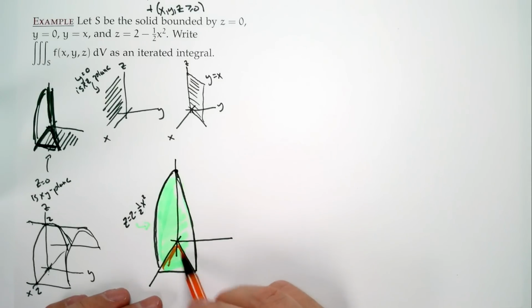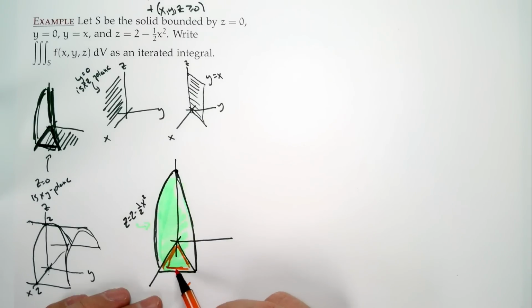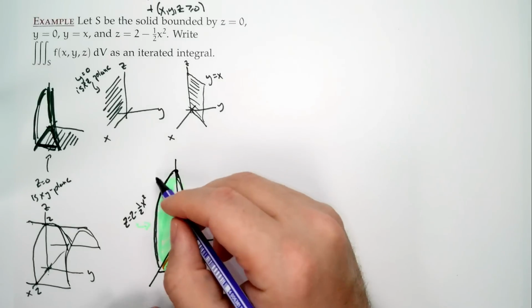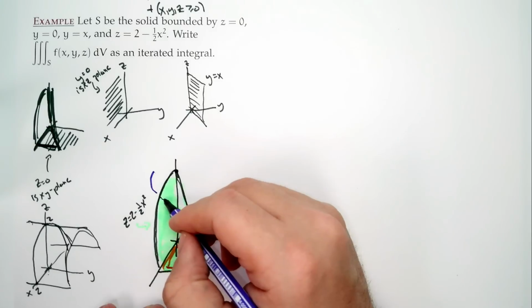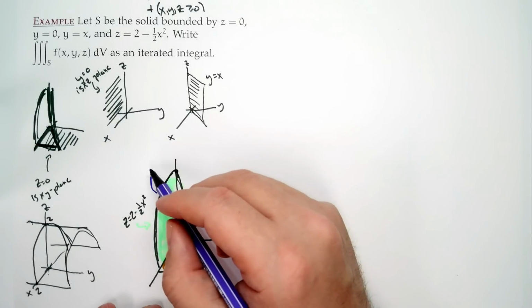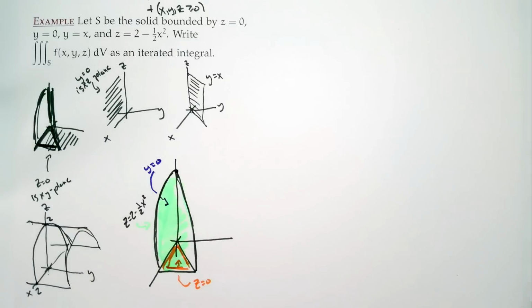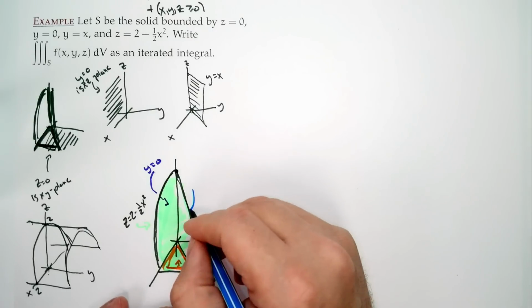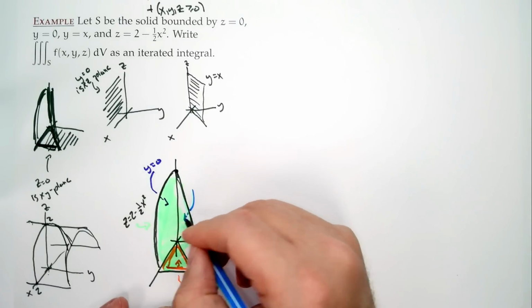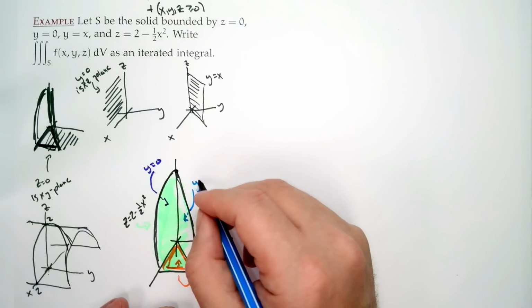So downstairs, this face down here, that is the one where we have z equals 0. The back face, well, which one is that? Back on this side, that is the one where we have y equals 0. And our last one that we haven't marked yet, this face over here, that's the one where y equals x.